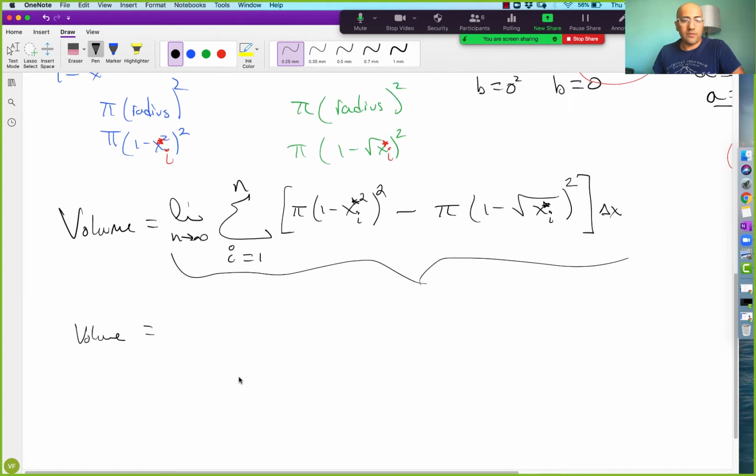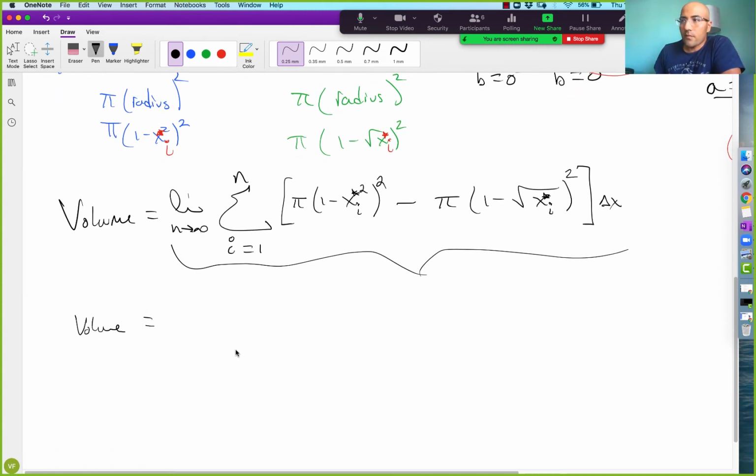So the volume is going to be equal to the integral of pi (1 minus x squared), whole thing squared, minus pi (1 minus root x), whole thing squared, the whole thing multiplied by dx, and x ranges from 0 to 1.